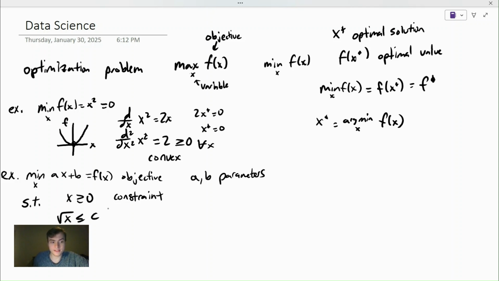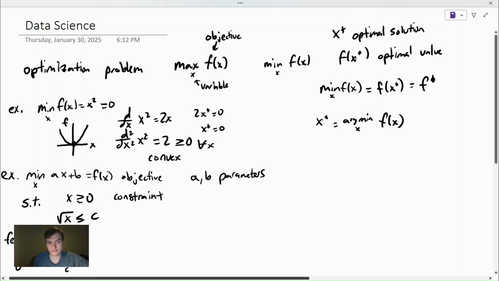Then we can graph the feasible region, or the possible values for x that we're considering. It's just x going from 0 to c squared, because this is equivalent to saying x is less than or equal to c squared. Those are the values of x that we're looking at.